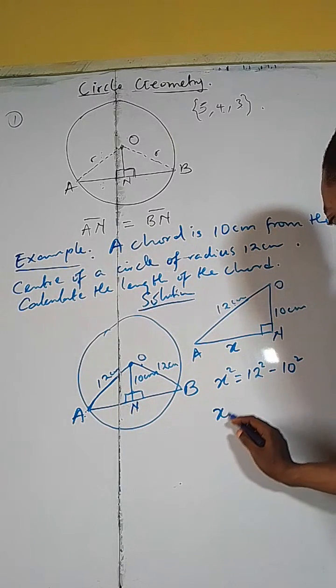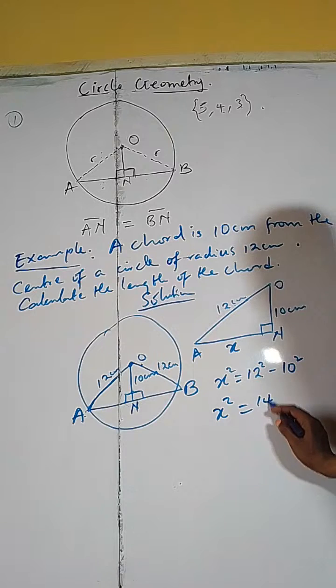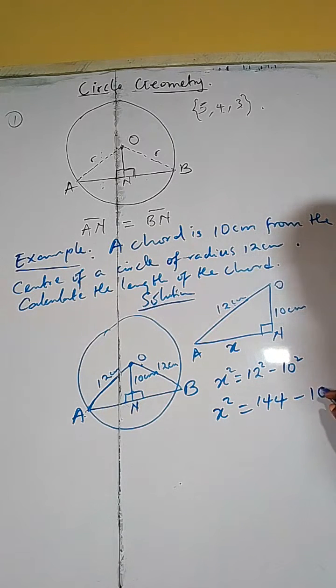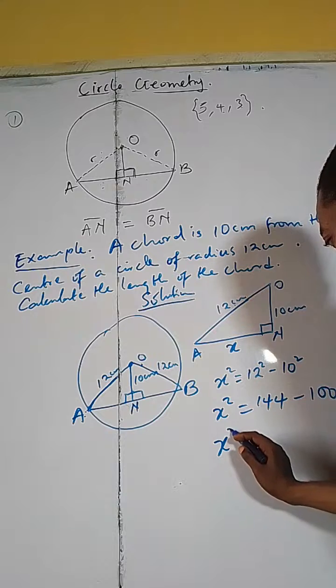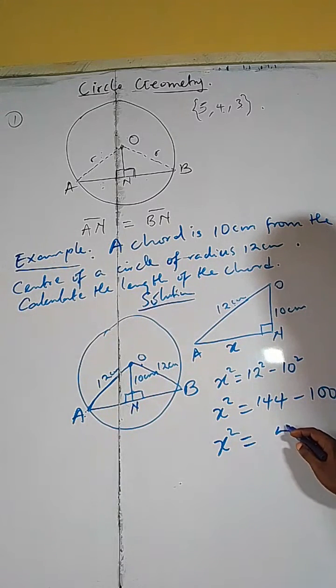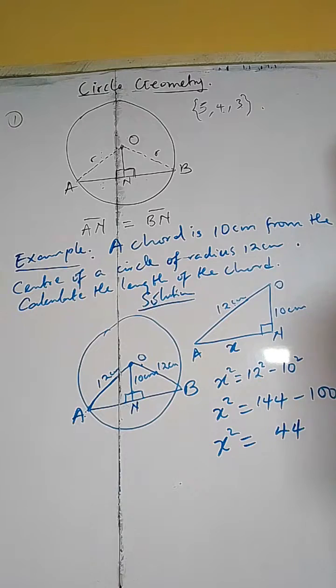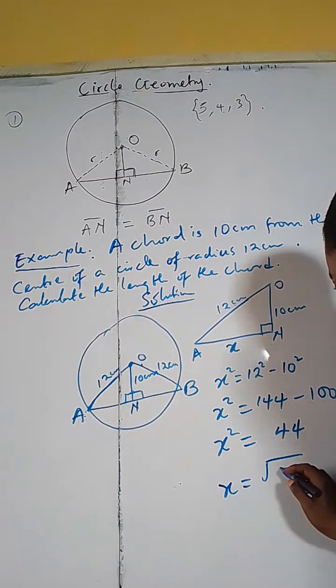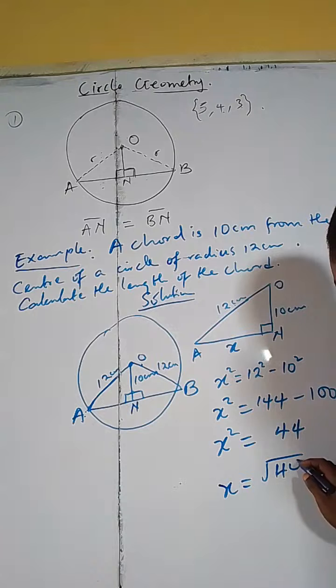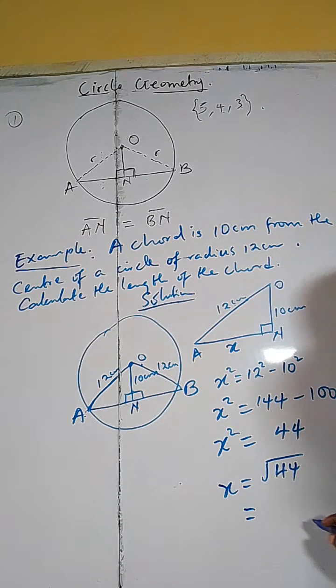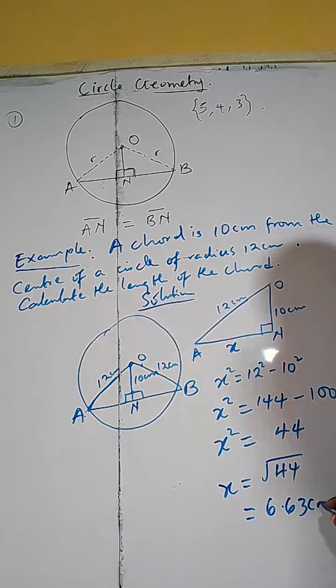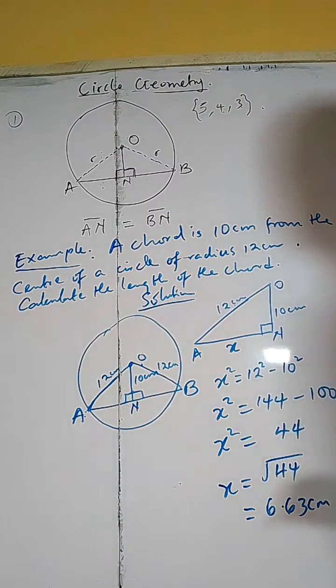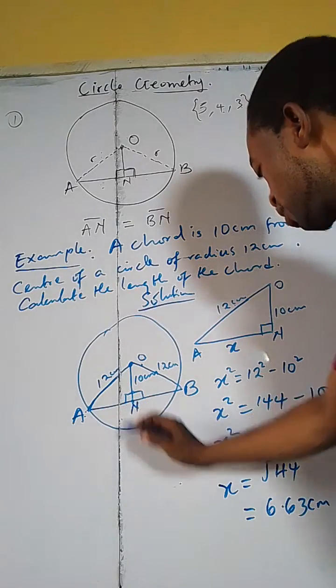So x squared is equal to 144 minus 100, which implies x squared equals 44. Then taking the square roots on both sides, x is equal to square root of 44. And with your calculator, we can get this to 2 decimal places at 6.63 centimeters. That's just AN, which is half of the chord you are finding.